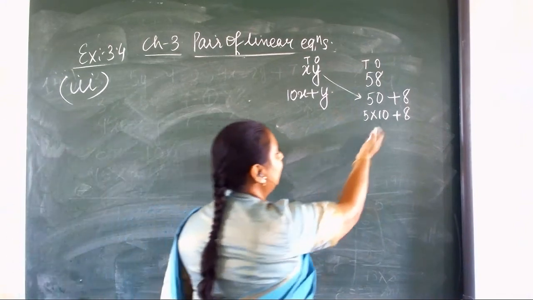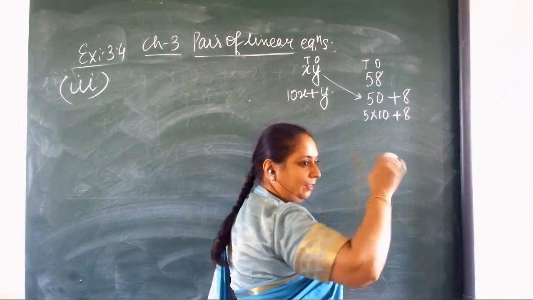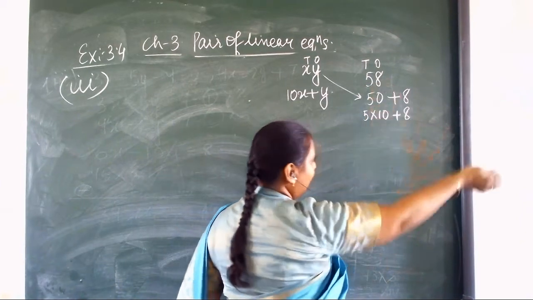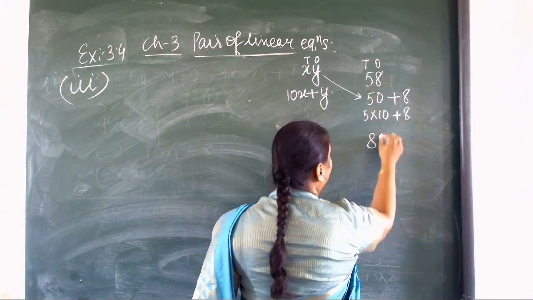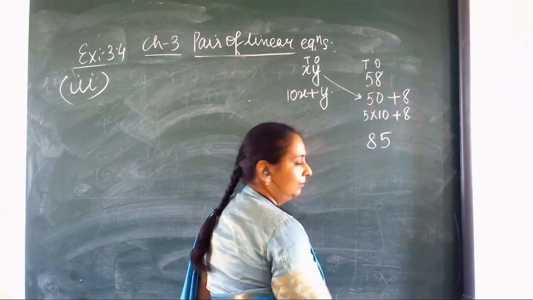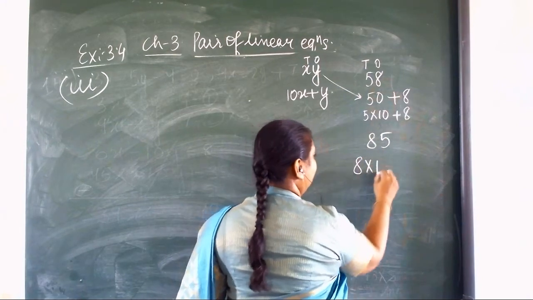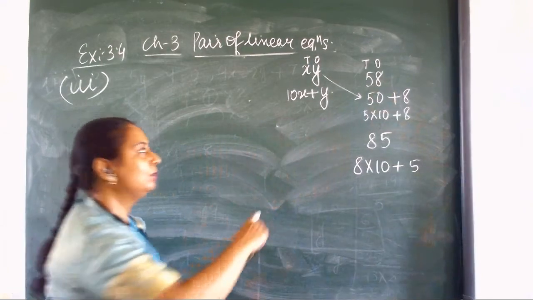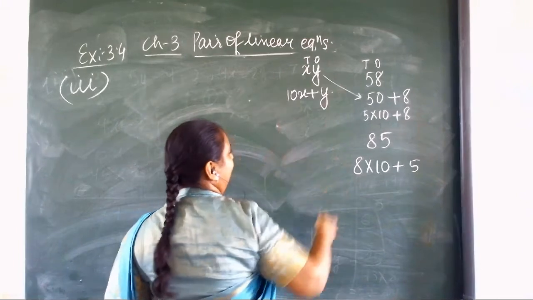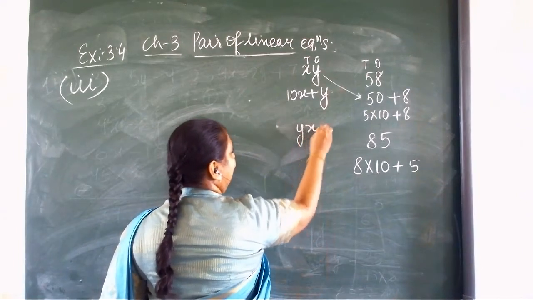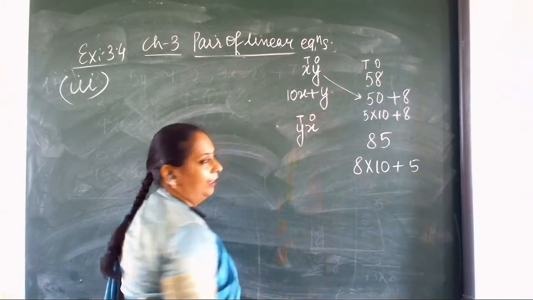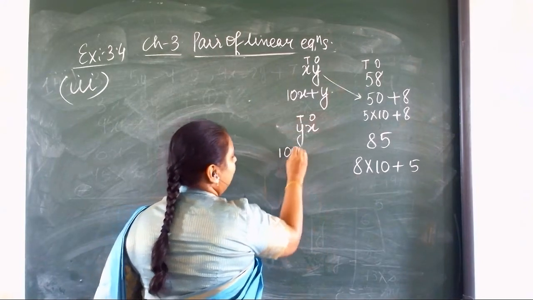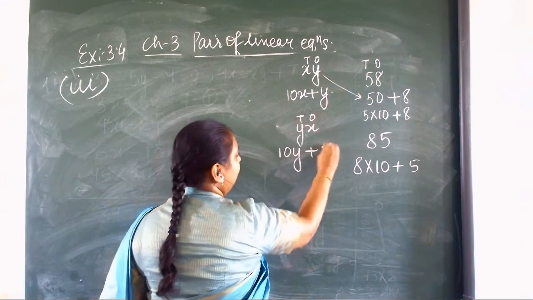Now if we reverse the order of the digits, 58 is reversed and becomes 85. This becomes 8 into 10 plus 5. Now if I reverse the two-digit number xy, it becomes yx, and in the expanded form how will you write it? 10y plus x.